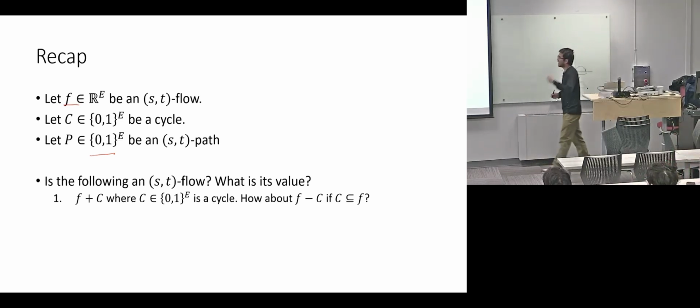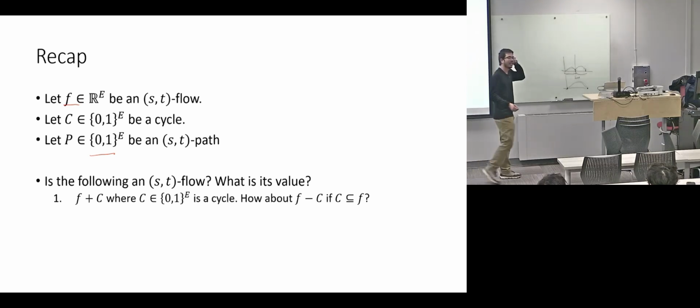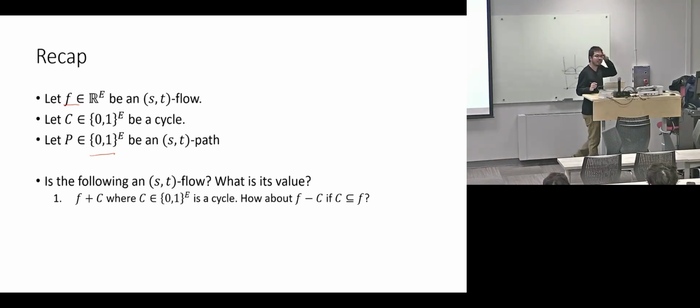So first, if you ask about flow conservation, then yes, right? Because every node in a cycle has the same in and out flow value. So flow conservation would be satisfied. But it might violate the capacity constraint. Wait, how could it? Because you're just adding more edges to the graph, right?